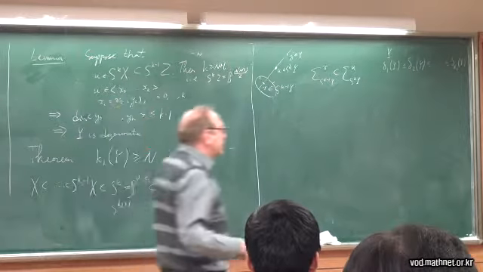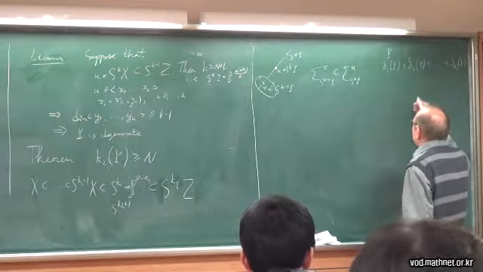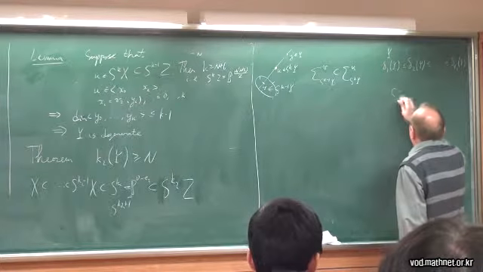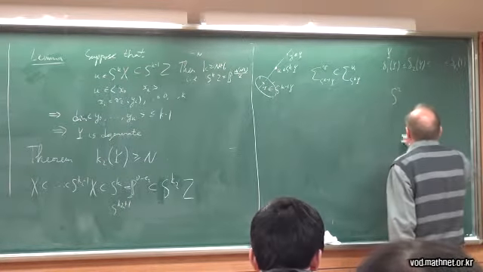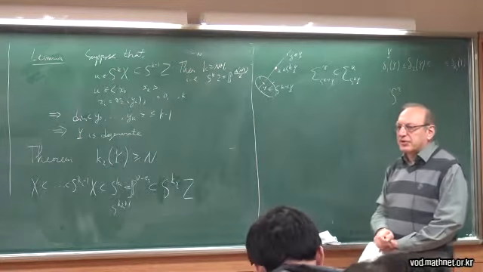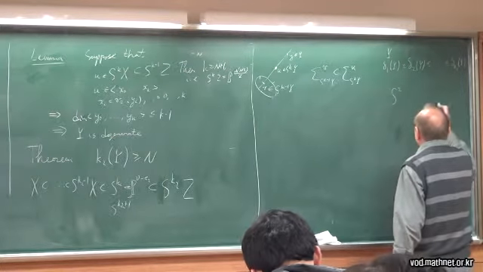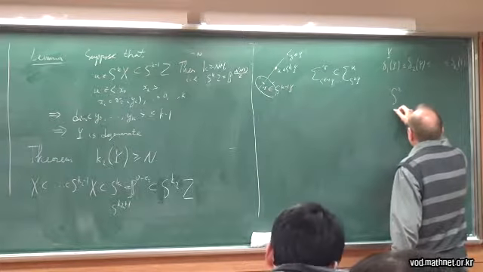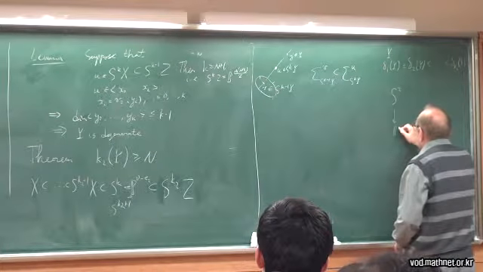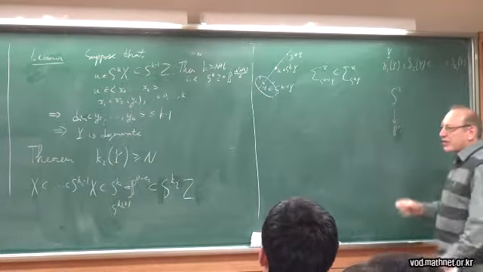For example, and this is a nice exercise, consider a scroll, a ruled surface. Any ruled surface, a rational normal scroll, for example. So let S be a surface. You know that these are obtained by joining the corresponding points of rational normal curves by linear subspaces. So this is a fiber bundle over P1, over some rational curve which is the same as P1, and the fibers are also P1.